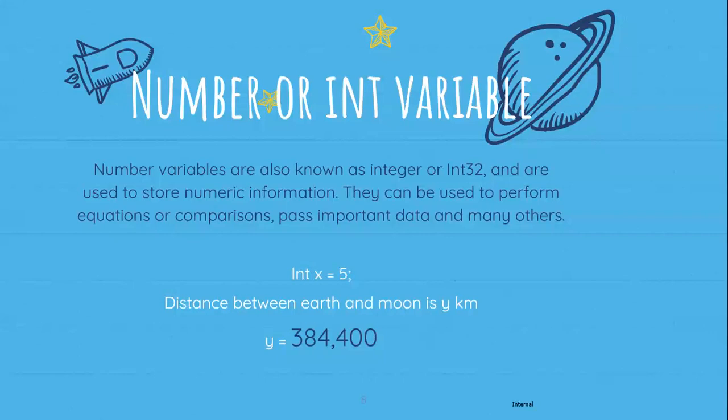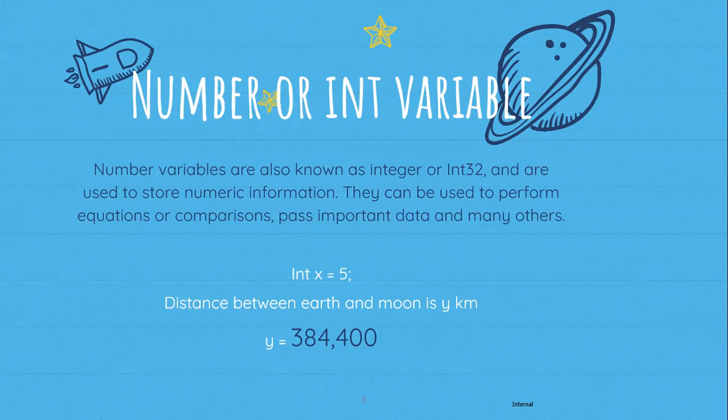The second type of variable is a number or integer, which stores numbers. Number variables are also known as Int32 or Int64. It's like a bit size. If you want to store a bigger number, you use Int64. If you want to store a smaller number, you use Int32. So it's a variable which stores numeric values. It's very important to assign the right value to the right variable.